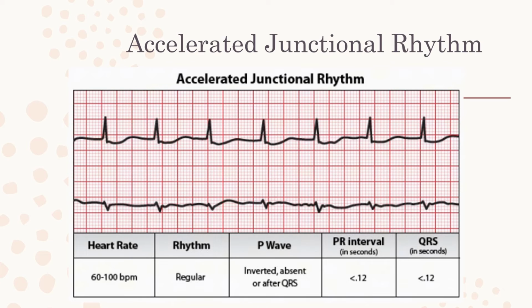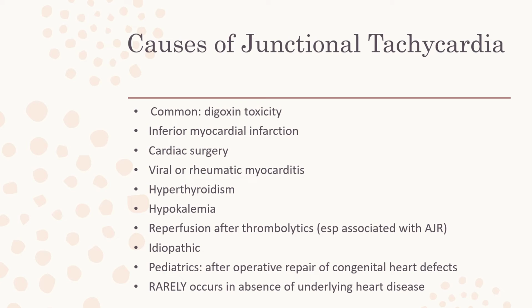It's typically normal. So what are the causes of junctional tachycardia? Think of this as an excitatory impulse, because it's going faster than the intrinsic rate of the junction. Junctional tachycardia is faster than 40 to 60. One of the most common causes, believe it or not, is digitoxicity. Others include inferior MI, cardiac surgery, viral or rheumatic myocarditis, hyperthyroidism, and hypokalemia.